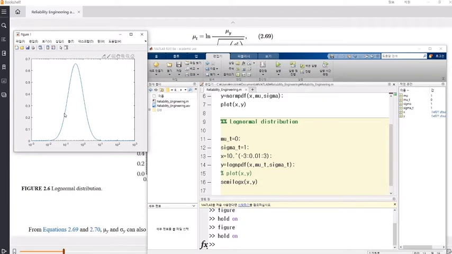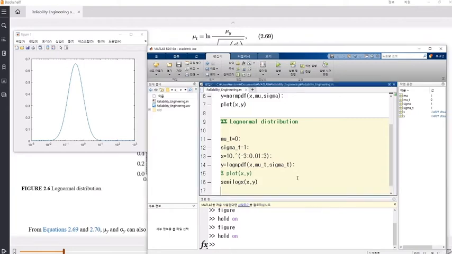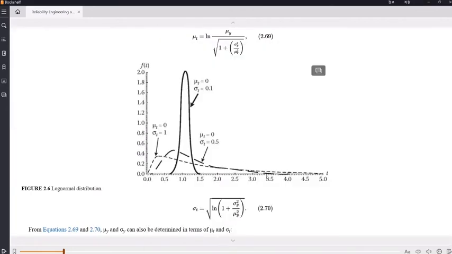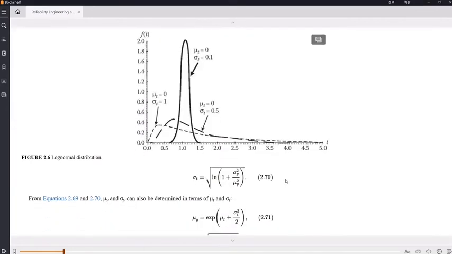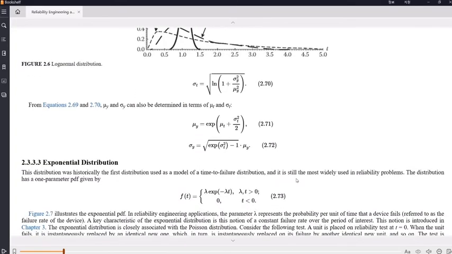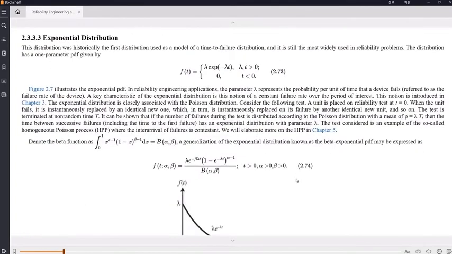So that is why it is called log normal distribution. We just covered normal distribution and log normal distribution. So next one would be exponential distribution.